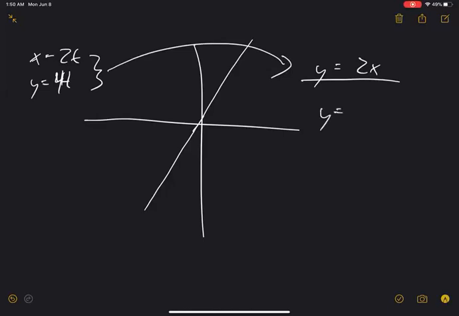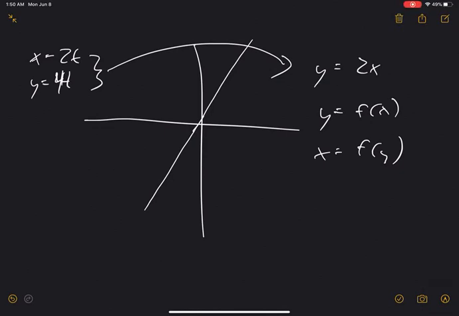When we have y equals a function of x, or x equals a function of y, those are called Cartesian equations. Those are Cartesian equations. I'm trying to think of a good reason to call them that, but it's just that one of these Cartesian coordinates is a function of the other.